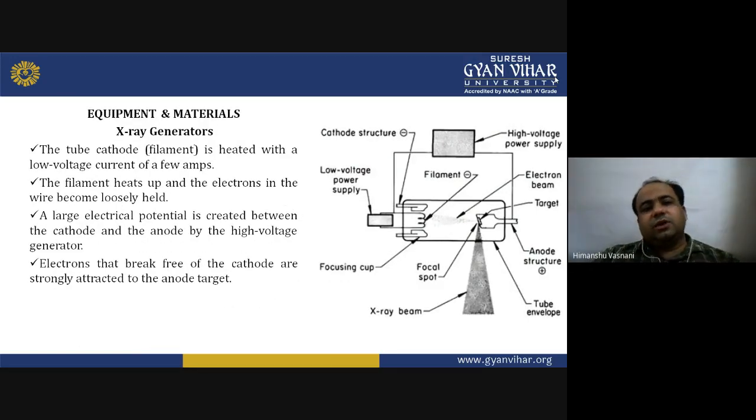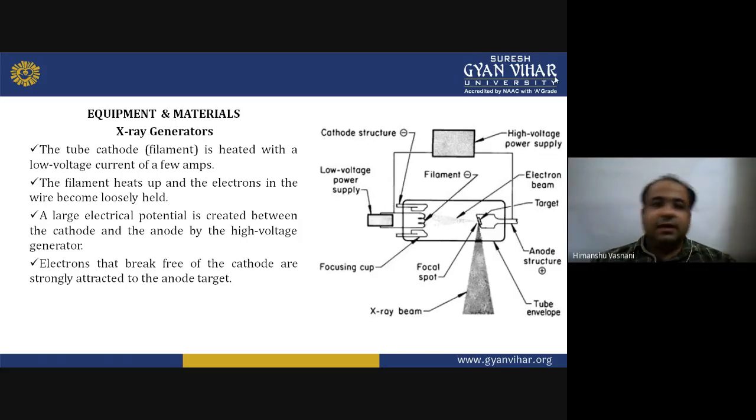Now, the tube cathode, the filament, is heated with a low voltage current of a few amperes. The filament heats up and the electrons in the wire become loosely held.